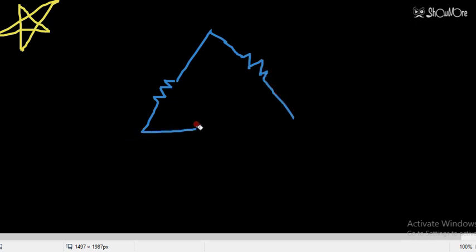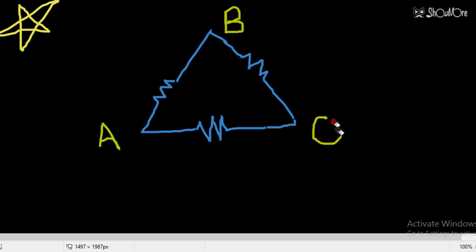So it is an equilateral triangle and 3 resistances are given. Now students, this is A, this is B, this is C. He is asking for the equivalent resistance between A and C. The examiner is asking about the resistance between point A and C.